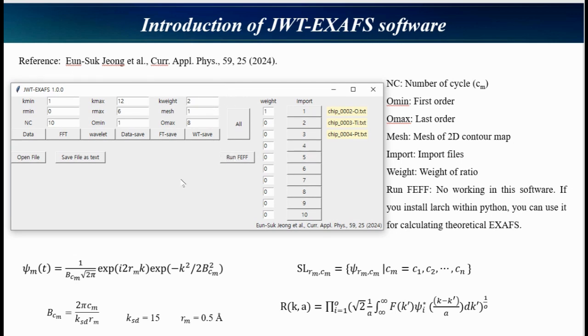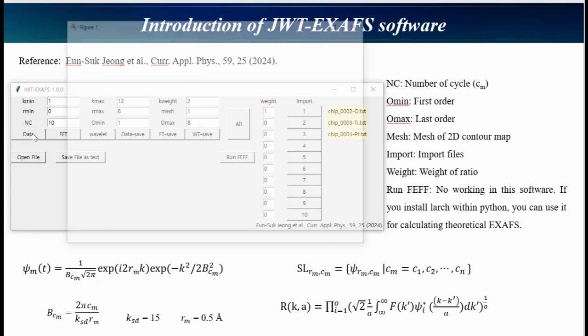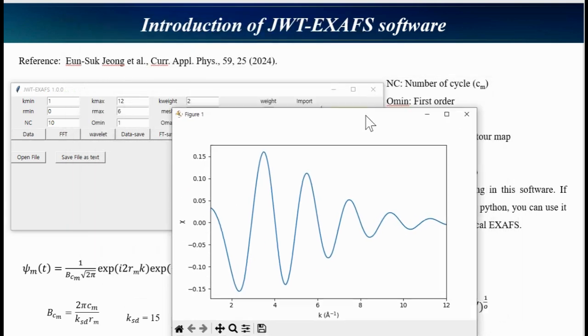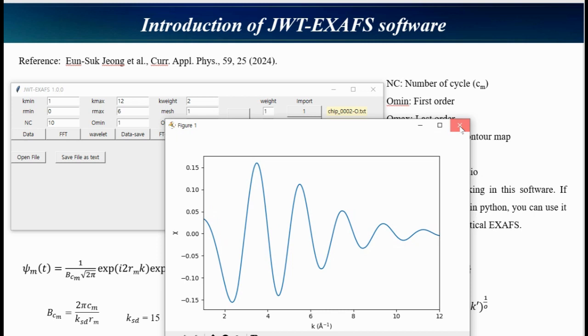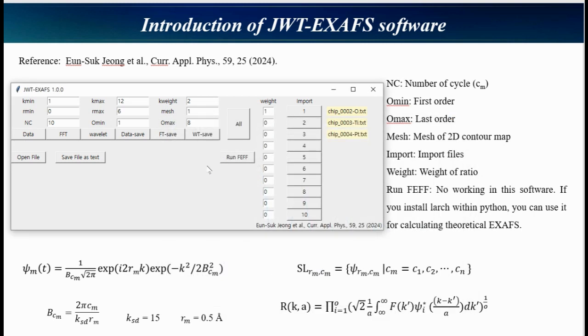Click, and then choose any one. In my case, oxide. So you can see the data in k-space, and then chi, k weight 1, 2, 3. We use these ones. Okay, second column.